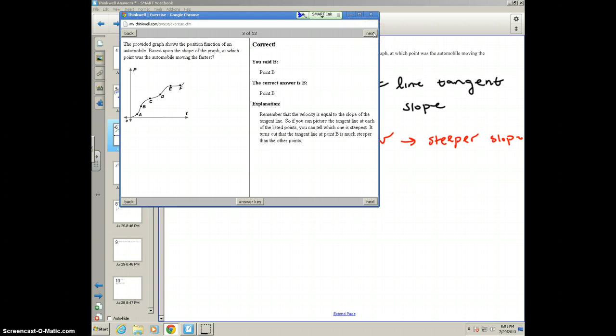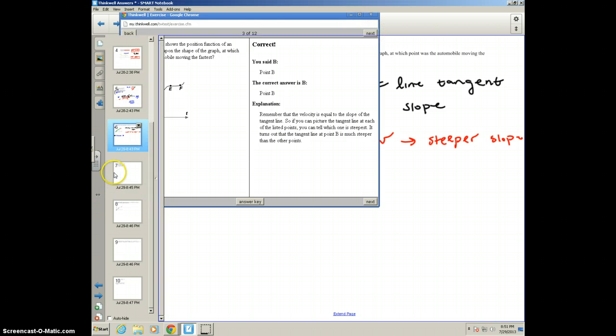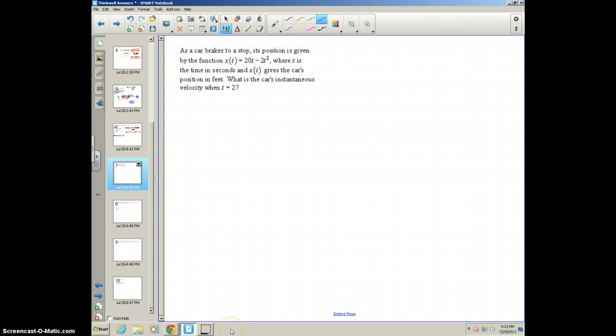Moving on to our next problem, we'll go to this. As the car brakes to a stop, its position is given by the function x(t) equals 20t minus 2t squared, where t is the time in seconds and x(t) gives the car's position in feet. What is the car's instantaneous velocity when t equals 2? Basically, we can very easily solve this using the basic derivative rule.